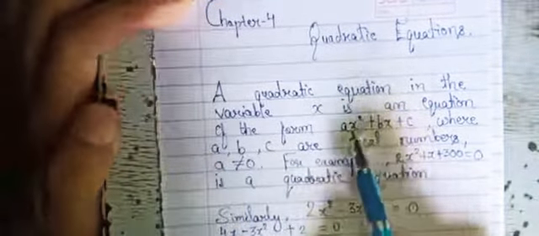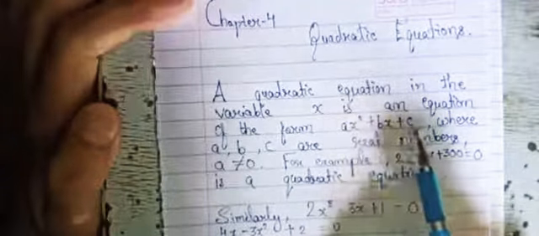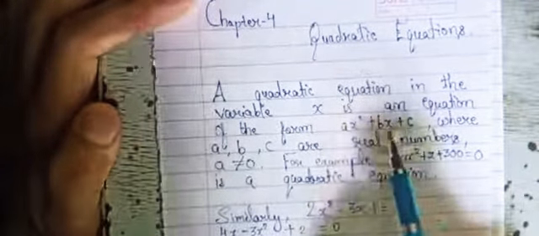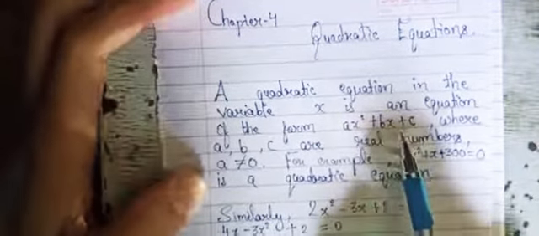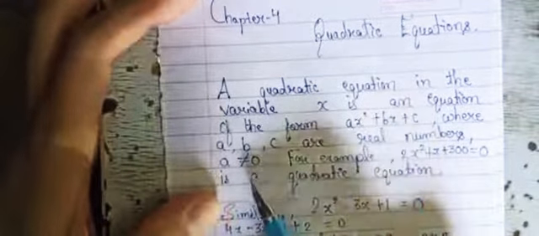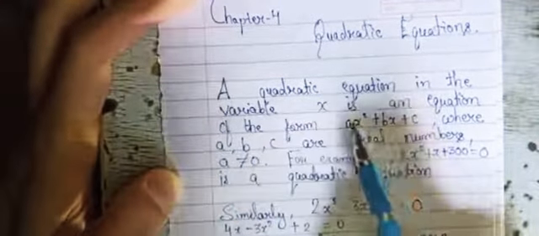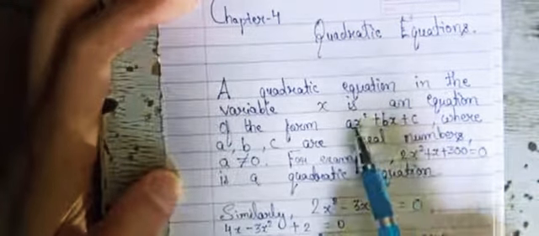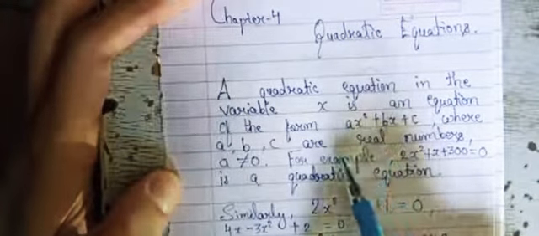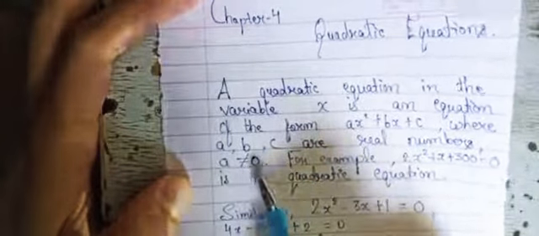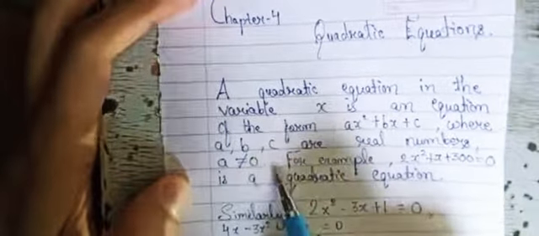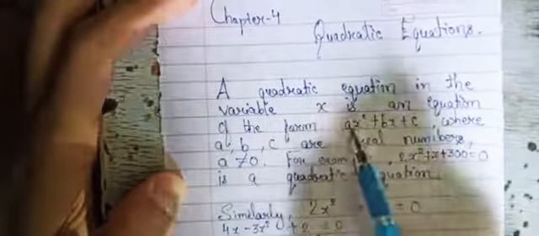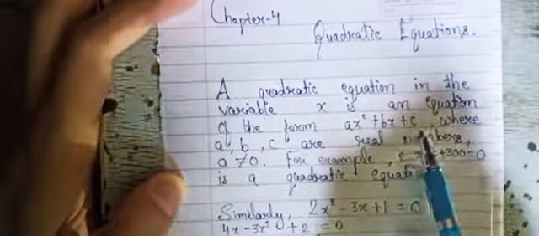Their values can be any real number, but a cannot be 0. The second may be 0, the third may be 0, but the first coefficient will not be 0. So a cannot be 0, and the general form is ax square plus bx plus c.